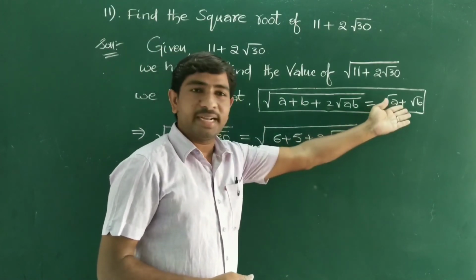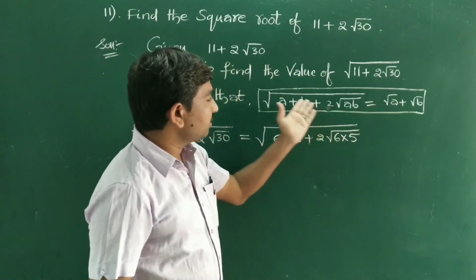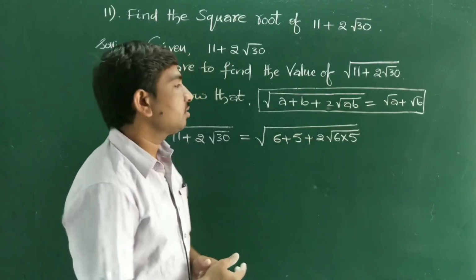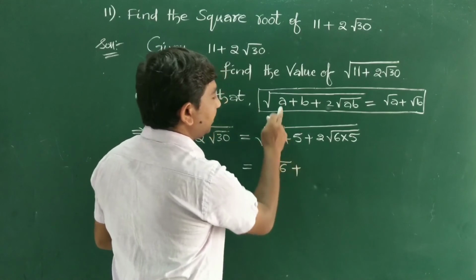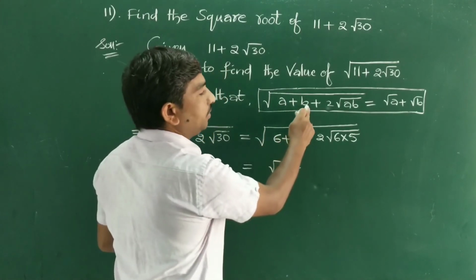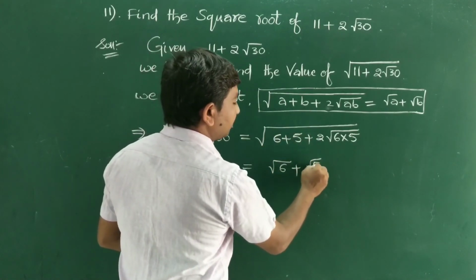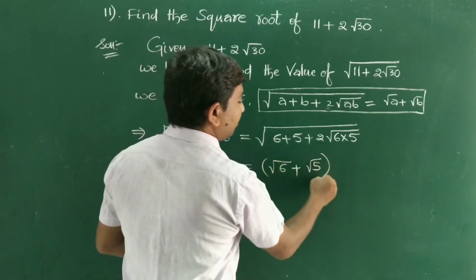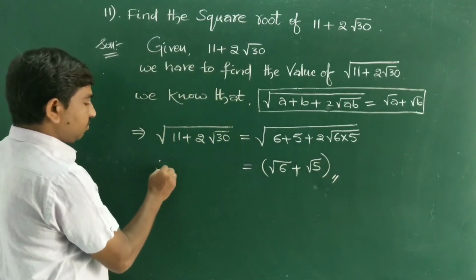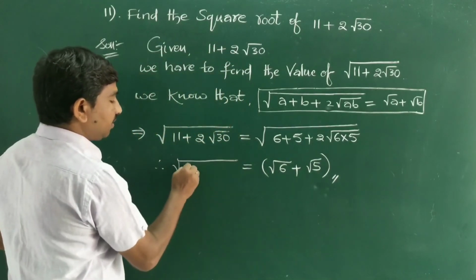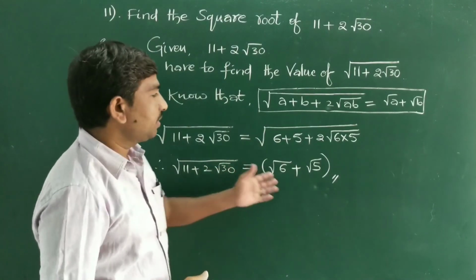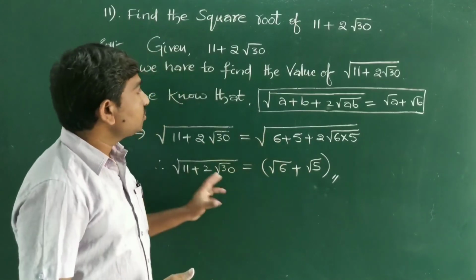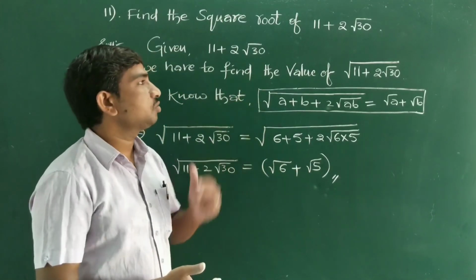So here root a plus root b, directly we can write it as root 6, where a is 6, plus root 5, where b is 5. So root 6 plus root 5 is our required answer. Therefore the square root of 11 plus 2 root 30 is equal to root 6 plus root 5. This is the solution for the square root of 11 plus 2 root 30.